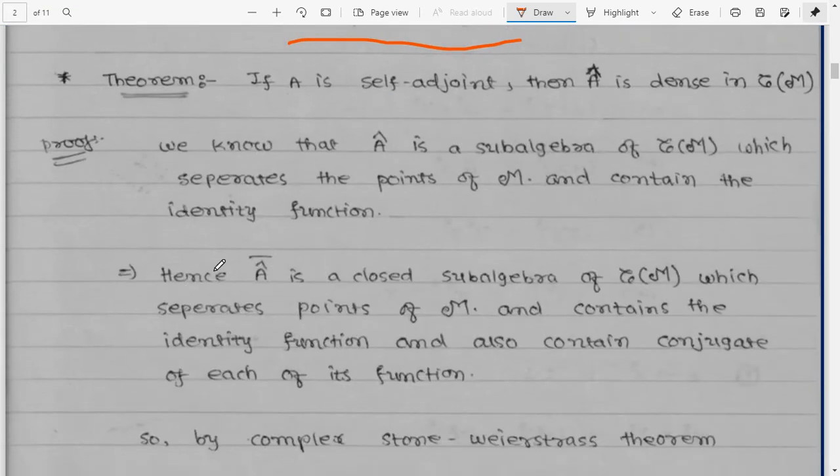Next theorem. If A is self-adjoint, then A cap is dense in C(M). We know that A cap is a subalgebra of C(M) which separates the points of M and contains the identity function.